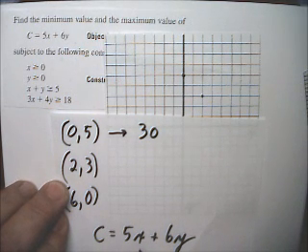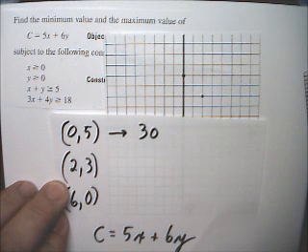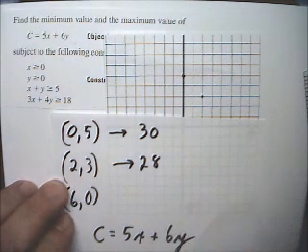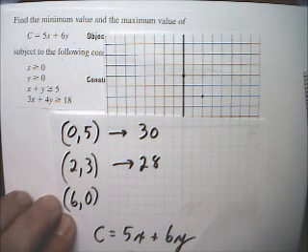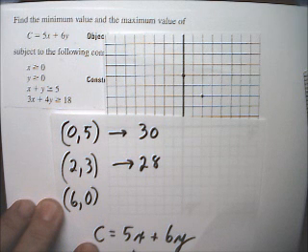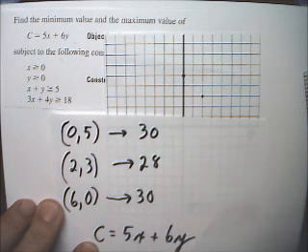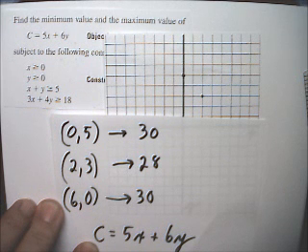For 2, 3, we'd have 10 plus 18, and that's 28. And 6, 0, that's going to also work out to 30, because 6 times 5 is 30, and that term is going to be a 0.